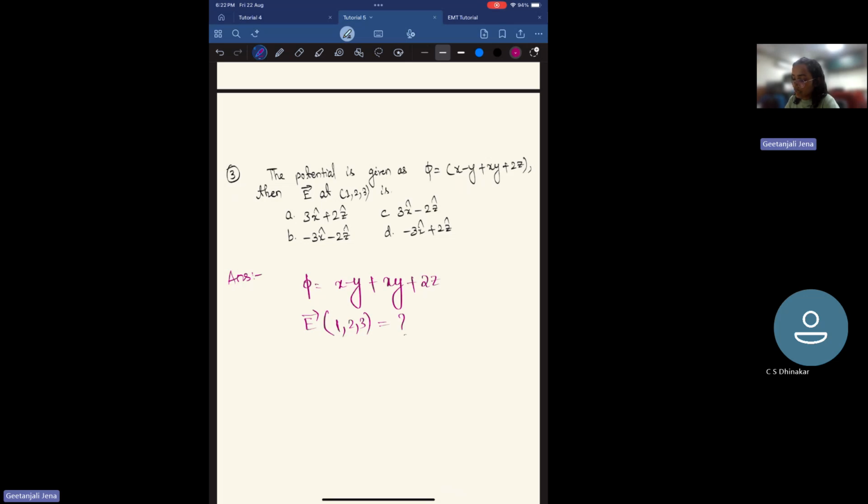Option A is 3xk plus 2zk. Option B is minus 3xk minus 2zk. Option C is 3xk minus 2zk. And D is minus 3xk plus 2zk.